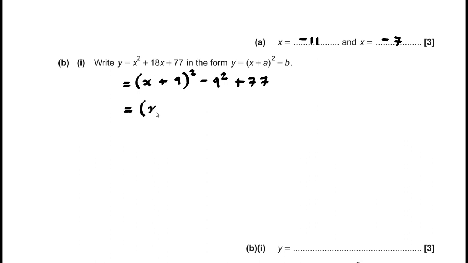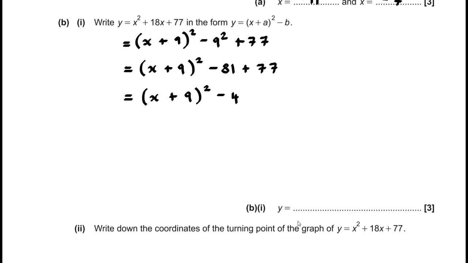So I've got x plus 9 squared, subtract 81 plus 77. Simplifying, negative 81 plus 77 is equal to negative 4.